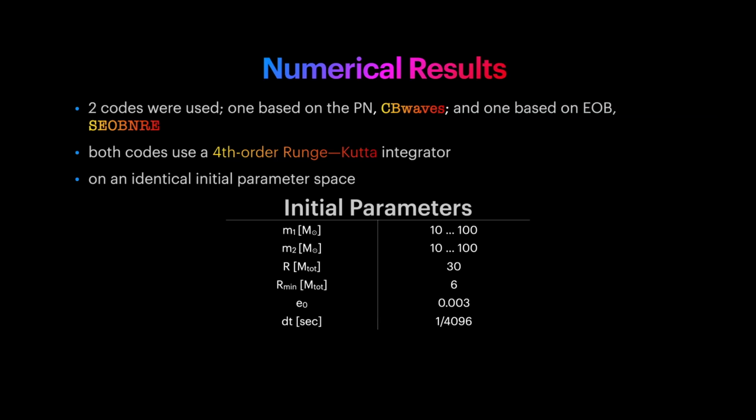We took 100 points between 10 and 100 in both components. We restricted that set, so we wanted to have short gravitational waveforms. So we started our simulation quite close to each other, and we restricted ourselves to the last stable orbit of the binary. This is the technical limit for the post-Newtonian formalism.